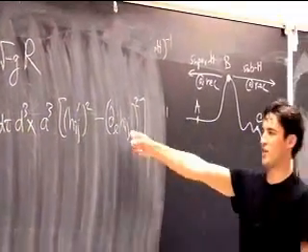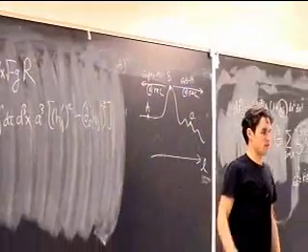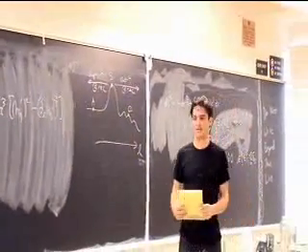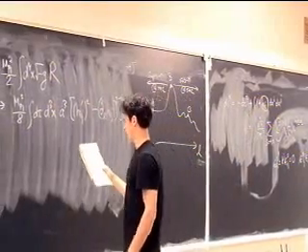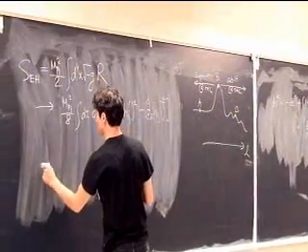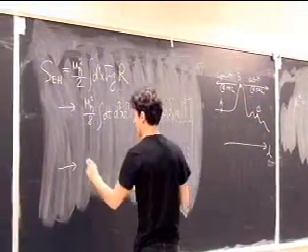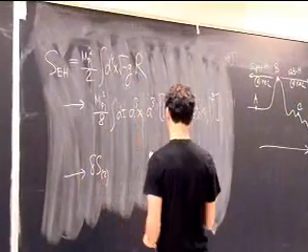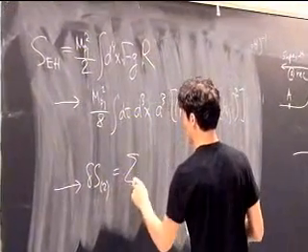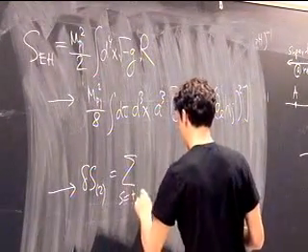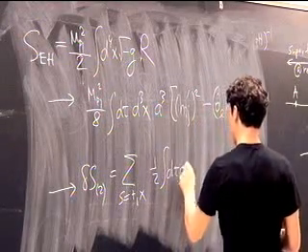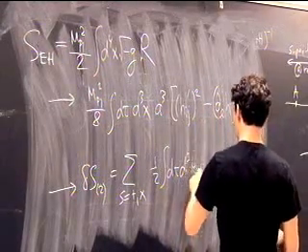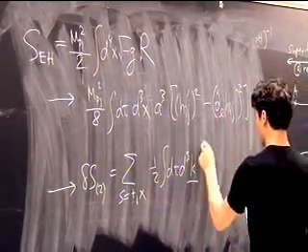So if you were to vary this with respect to h_ij, you just get a wave equation for these metric perturbations. And now in terms of these Fourier modes, what I would find is, δS2 would be a sum of the two polarizations. And here, this is an integral over k.